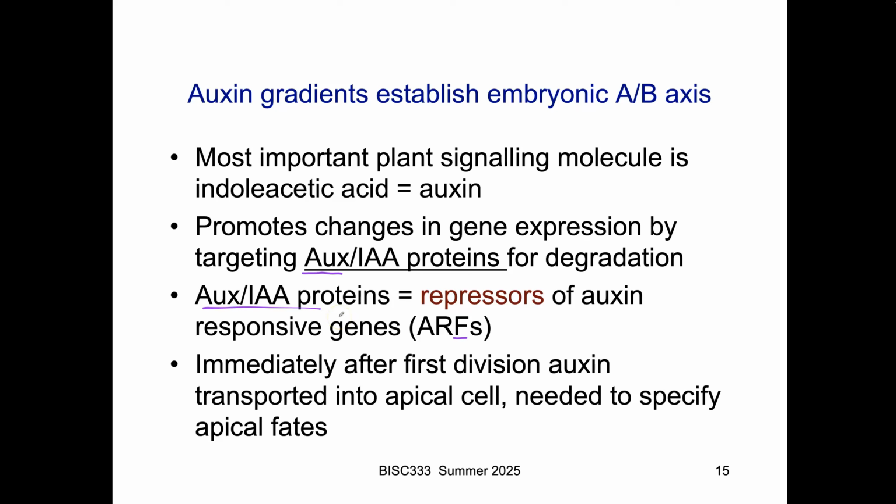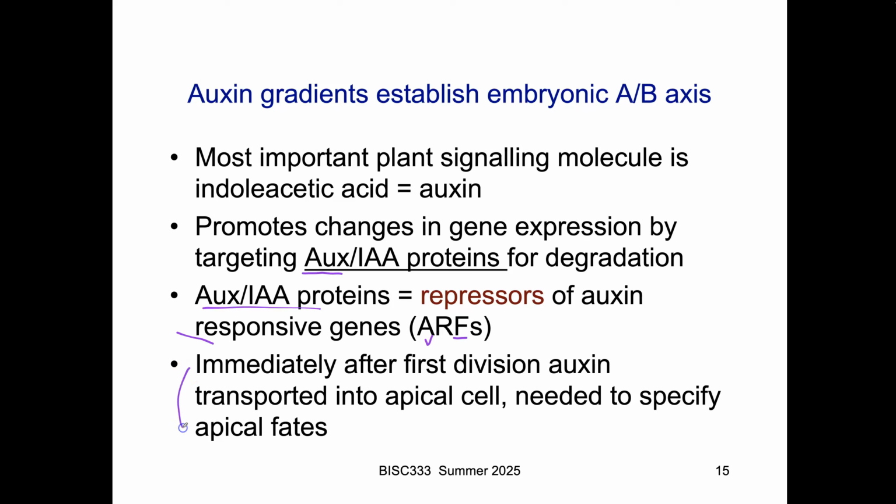So we treat with auxin, and certain genes are transcribed, and they're transcribed by these ARFs, auxin responsive factors. But the mechanism is not as direct as you would expect. Okay, and I'll talk about that in a second to show you how that works.